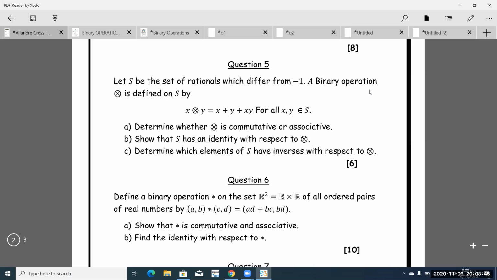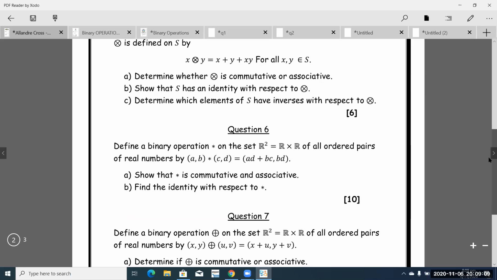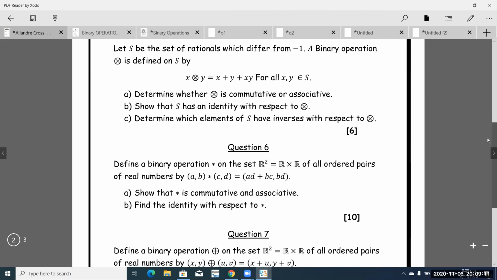So it means all the rational numbers except -1. So rational numbers are 4/3, 2/3, all of these. It says determine whether that operation is commutative or associative.